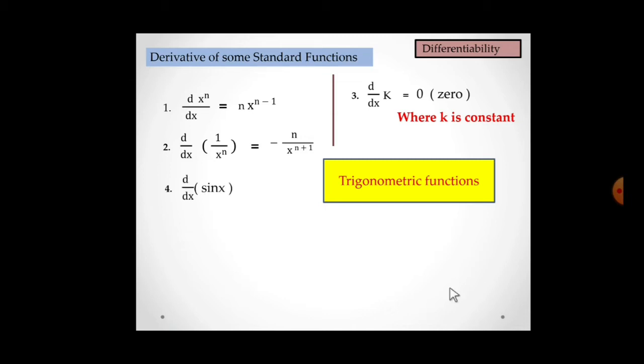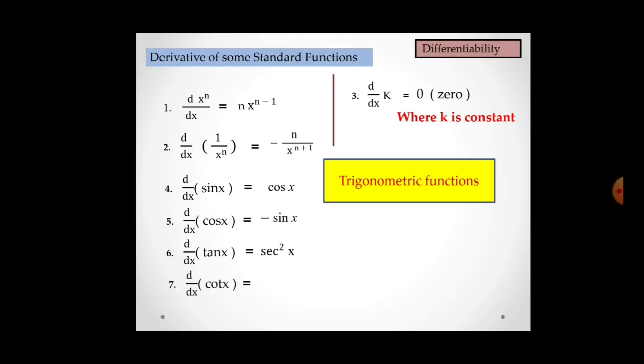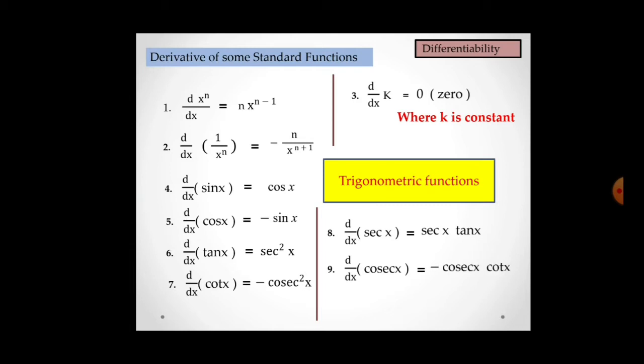d by dx of sin x is given by cos x. d by dx of cos x is given by minus sin x. d by dx of tan x is given by secant square x. d by dx of cot x is minus cosec square x. d by dx of secant x is secant x into tan x. d by dx of cosec x is minus cosec x into cot x.